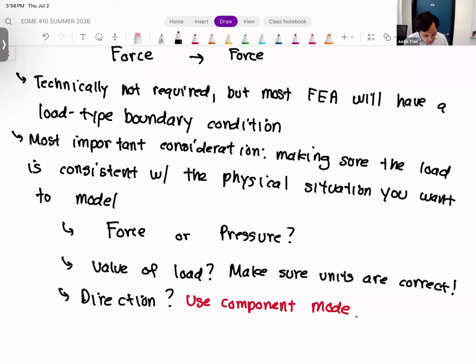Okay. All right. So I just have a few more points to make before we go to break. One thing I do want to make note of is that you don't need to apply a boundary condition on every single exterior surface of your mold.